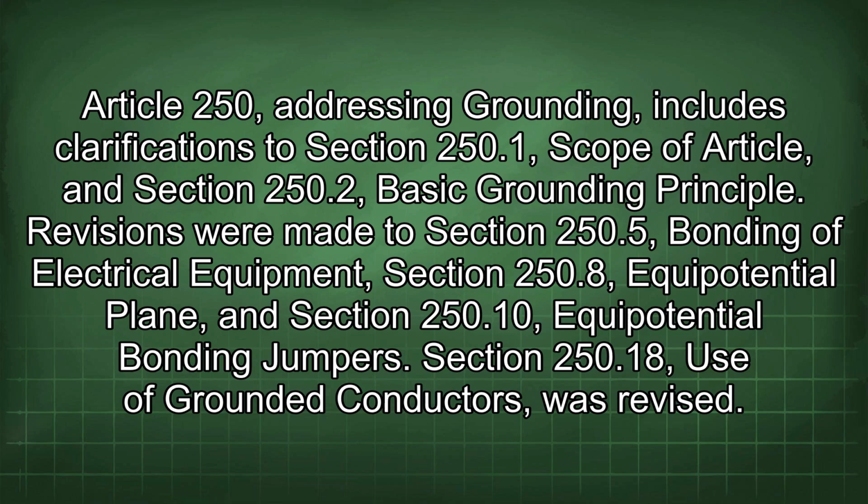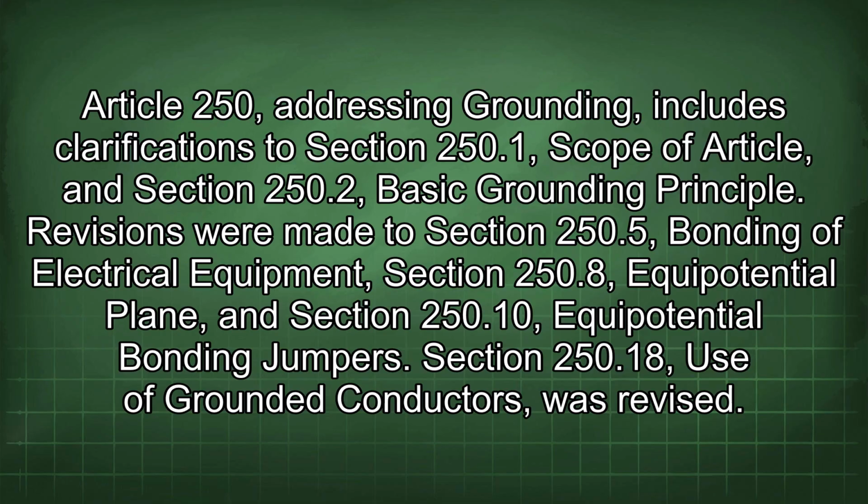Article 250, addressing grounding, includes clarifications to Section 250.1, scope of article, and Section 250.2, basic grounding principle. Revisions were made to Section 250.5, bonding of electrical equipment, Section 250.8, equipotential plane, and Section 250.10, equipotential bonding jumpers.